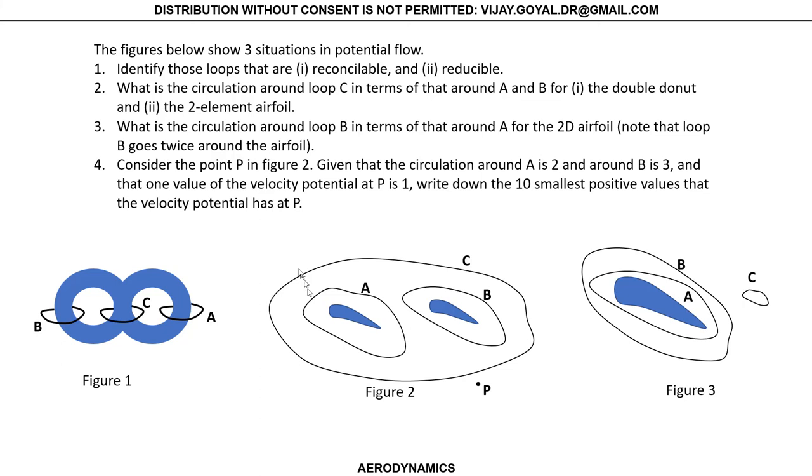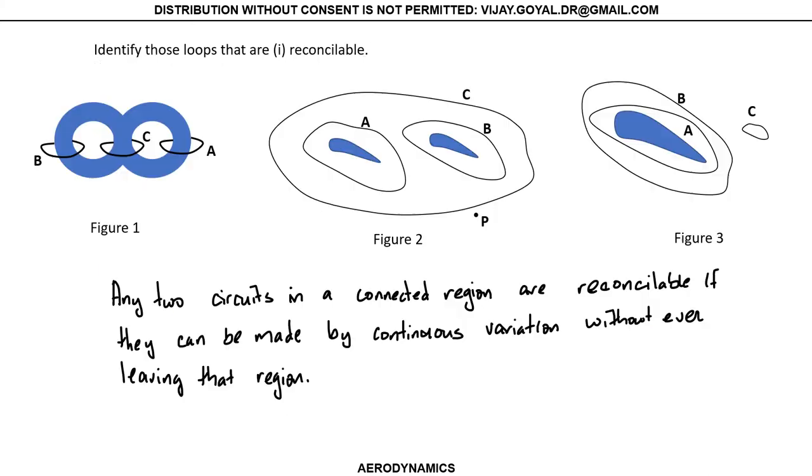Okay, so the first thing we want to do is let's go ahead and review very quick. Let's do one item at a time and review what the definitions are. The definition of a reconcilable loop is this: any two circuits in a connected region are reconcilable if they can be made continuous variations without ever leaving the region.